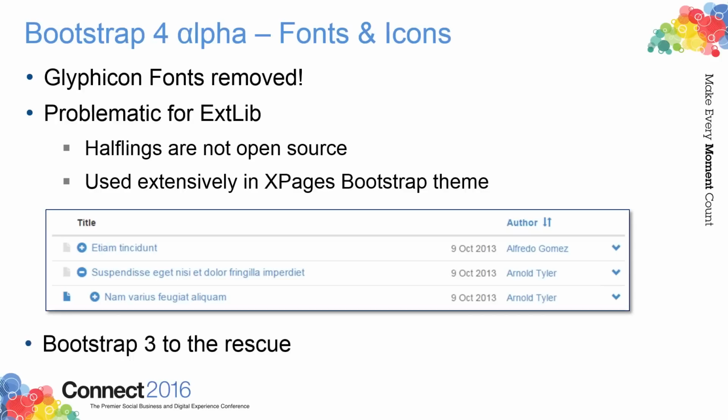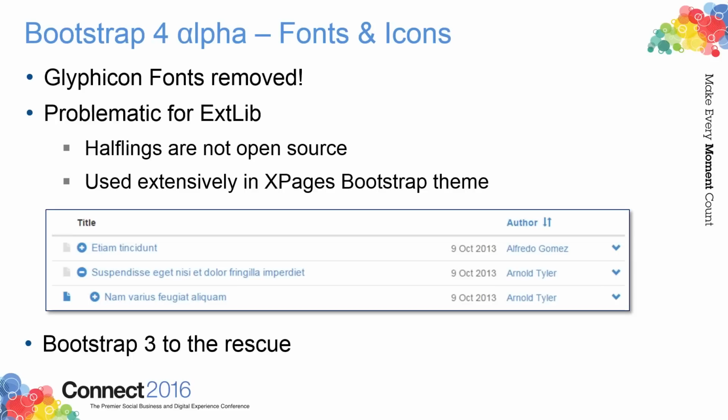But what we did instead was we decided that Bootstrap 3 would come to the rescue. Since glyph icons were still part of Bootstrap 3 and under the same MIT license there, and due to the fact that we said that we would continue to support Bootstrap 3 going forward in Domino Next and beyond, we decided that we would keep using glyph icons within Bootstrap 4.